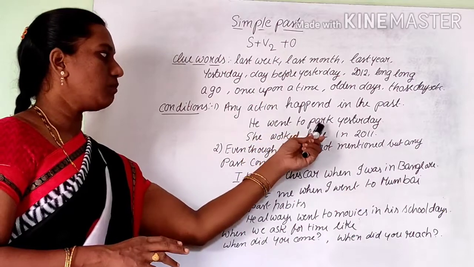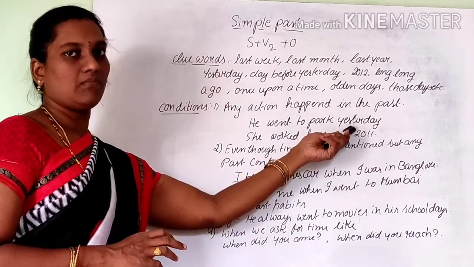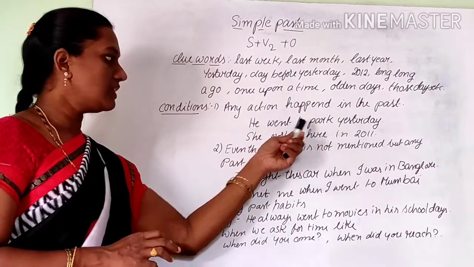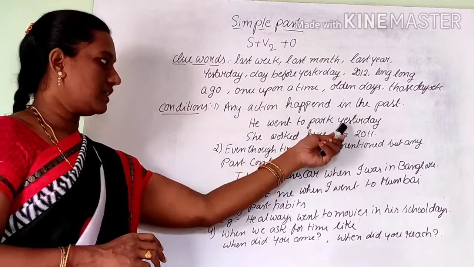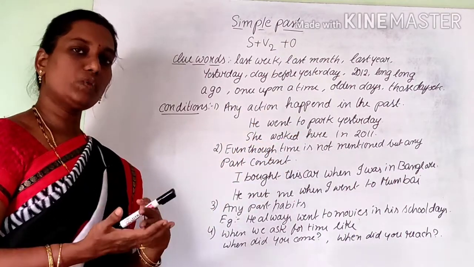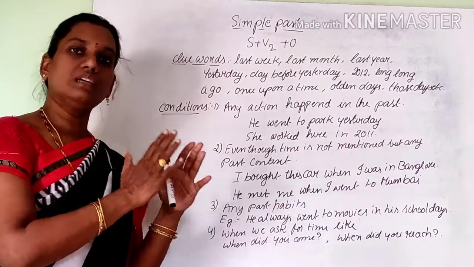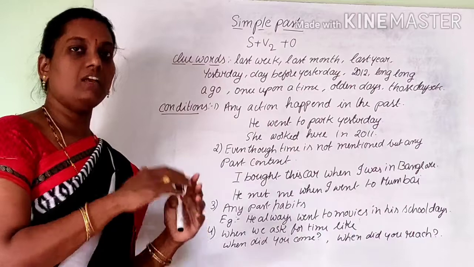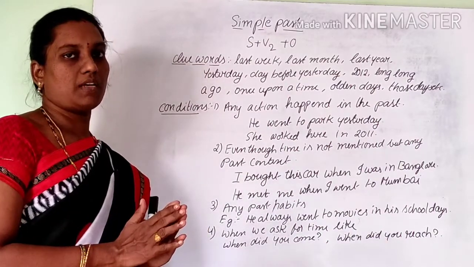He went to park yesterday. Yesterday is the time clue which denotes that this action had happened in the past. Yesterday he went to park. What did he do yesterday? He went to park. Because he went to park yesterday, we have to write the sentence only in simple past.